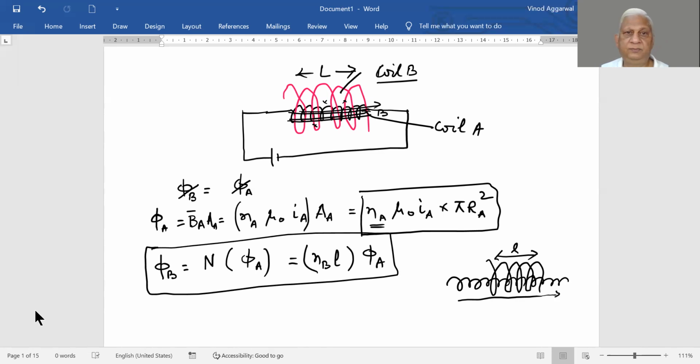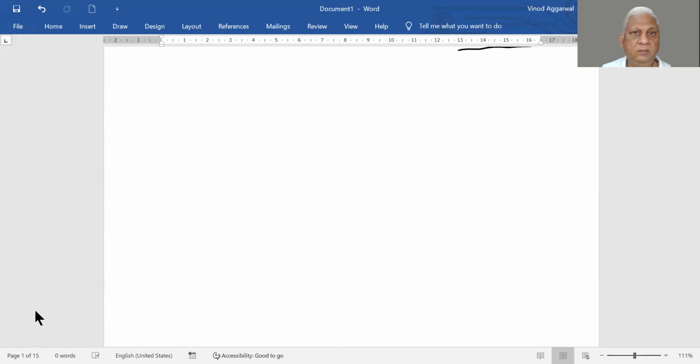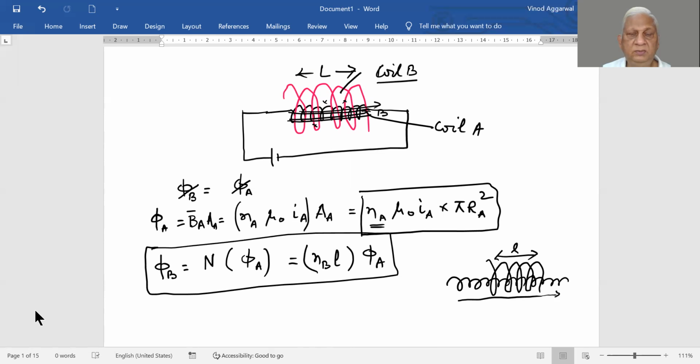Now take the other case. What would happen if instead of passing electricity here, we were passing electricity in this loop? Then, since this coil is very well within the red coil, there will be no restriction as to there being some area where there is no magnetic field.